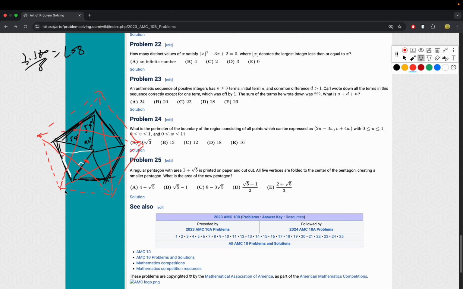Maybe this may lead us to the solution. And it actually does lead to the solution. Okay, let me try. Let's say that this length is A, this length is A, this length is B, this length is also B.